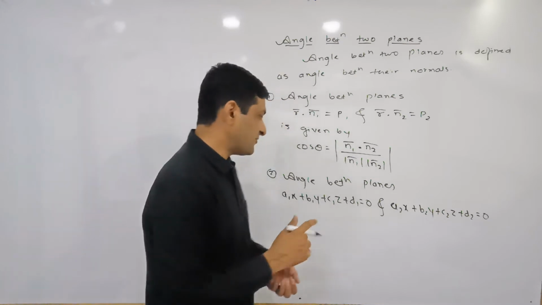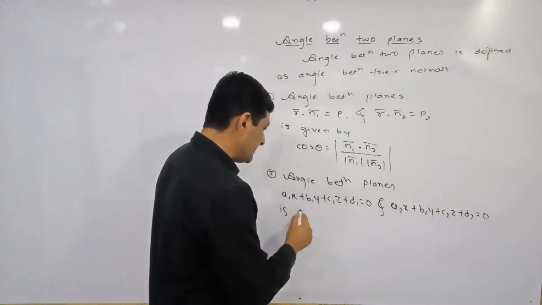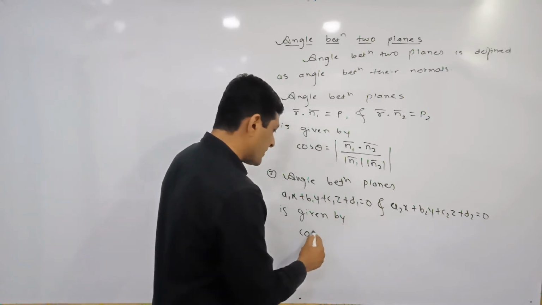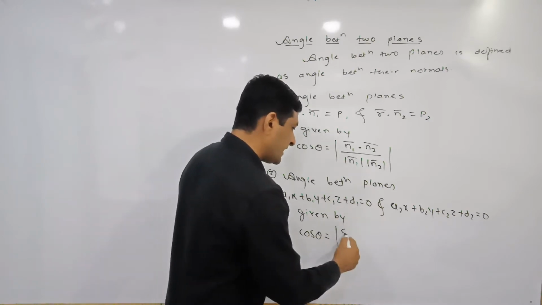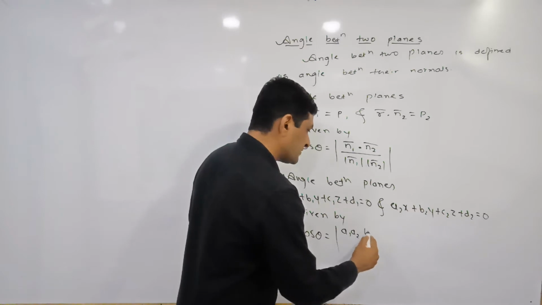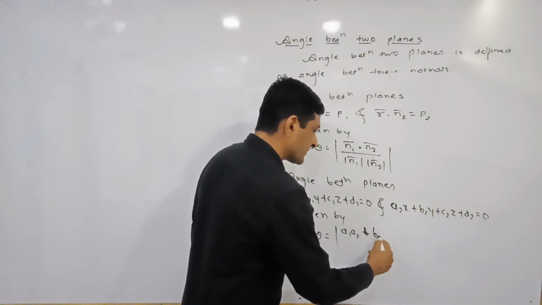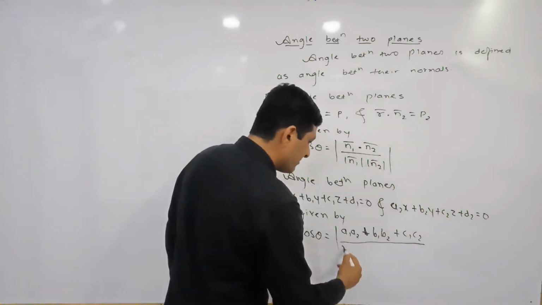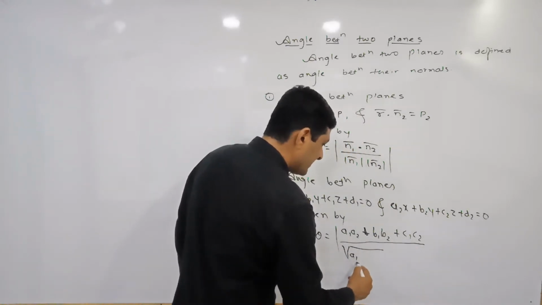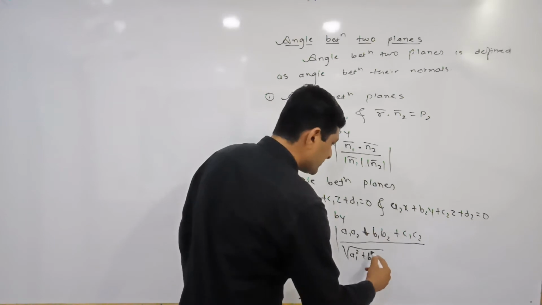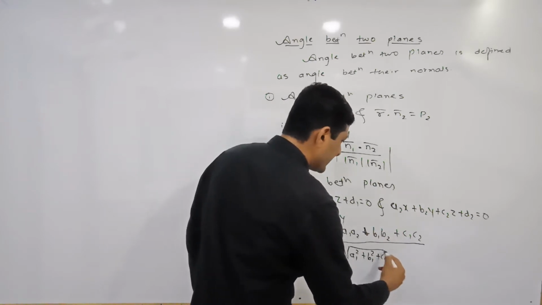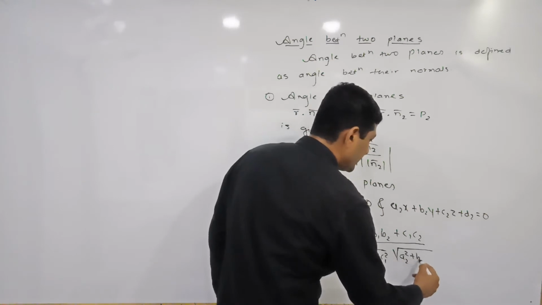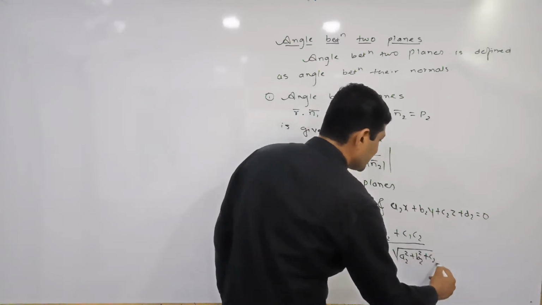If direction ratios are known to us, we have one formula to find the angle between them. What is that formula? Cos theta is equal to a1 a2 plus b1 b2 plus c1 c2 divided by under root a1 square plus b1 square plus c1 square into under root a2 square plus b2 square plus c2 square.